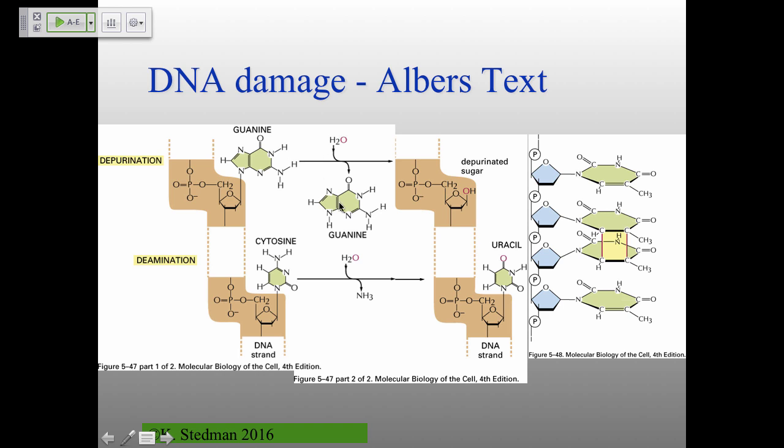Now you have a depurinated sugar, again just an OH here. Or second most common is the deamination of cytosine, which again is hydrolysis of this amine group leading to deoxyuracil, because it's still attached to the deoxyribose backbone here. So how do we deal with these kinds of changes?